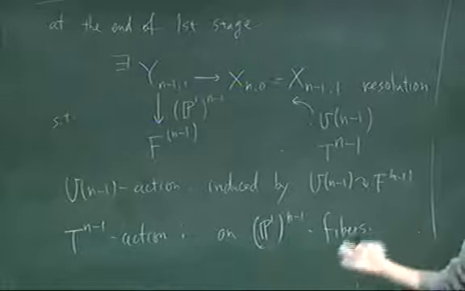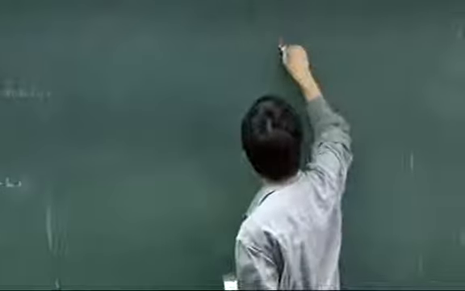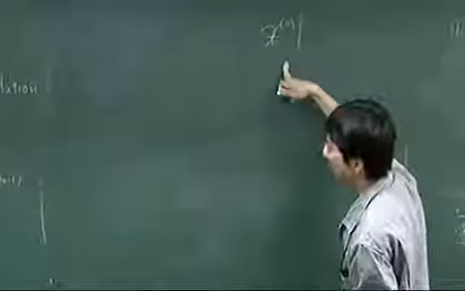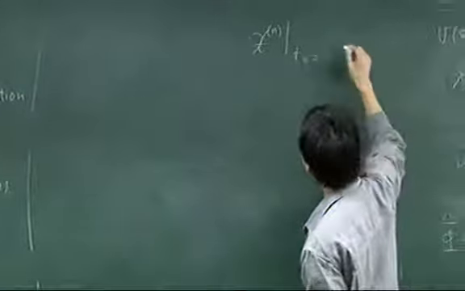So moreover, we have an (n-1)-parameter family, and then we restrict the last parameter to be 0.